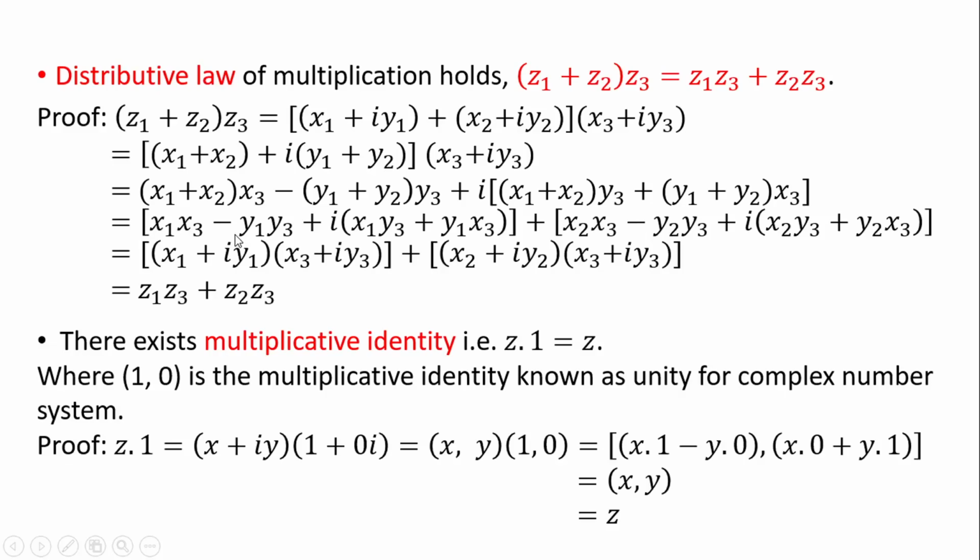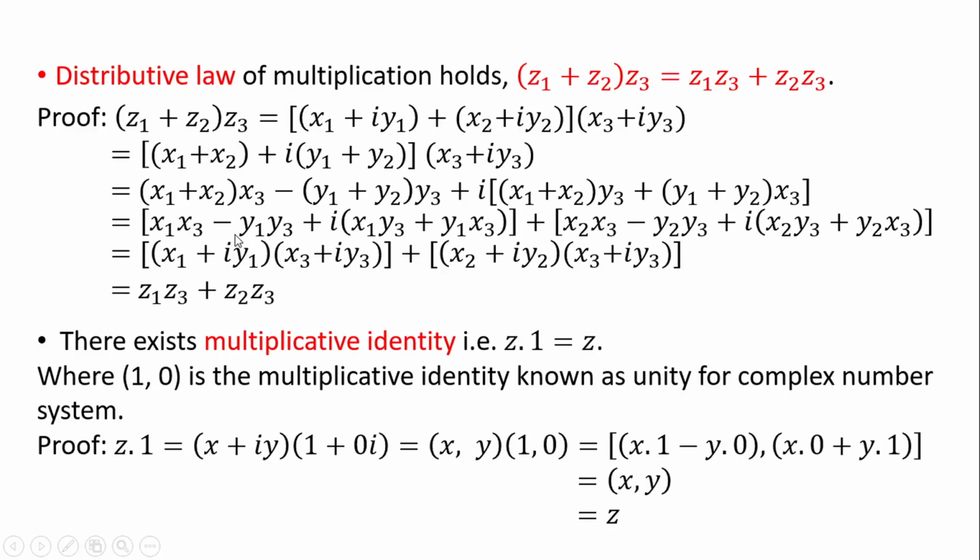The next property is that in multiplication of complex numbers there exists an identity, and this identity is known as 1, simply the number 1, so that for a complex number z, z into 1 is equal to z. So the identity is the number which when multiplied with a complex number doesn't make any effect; the complex number remains as it is, that is z into 1 equal to z.